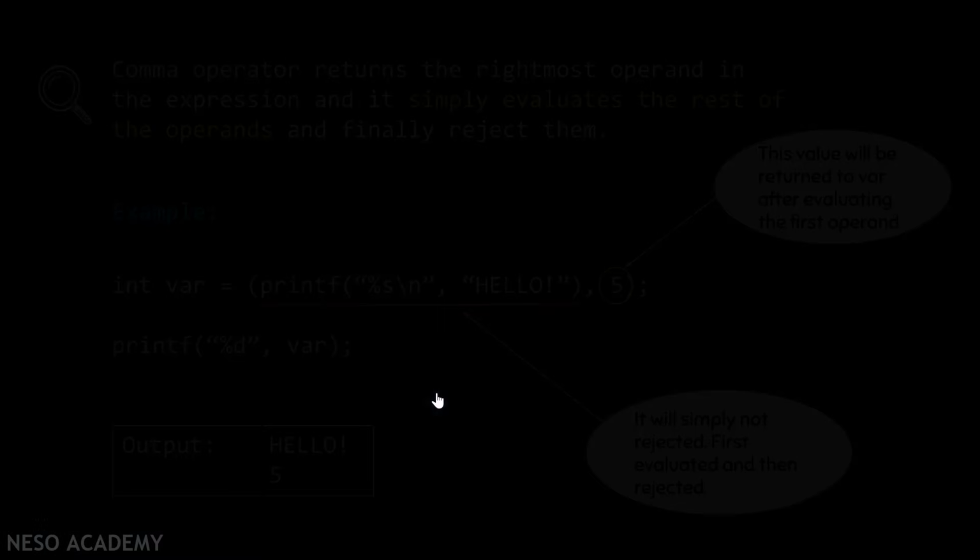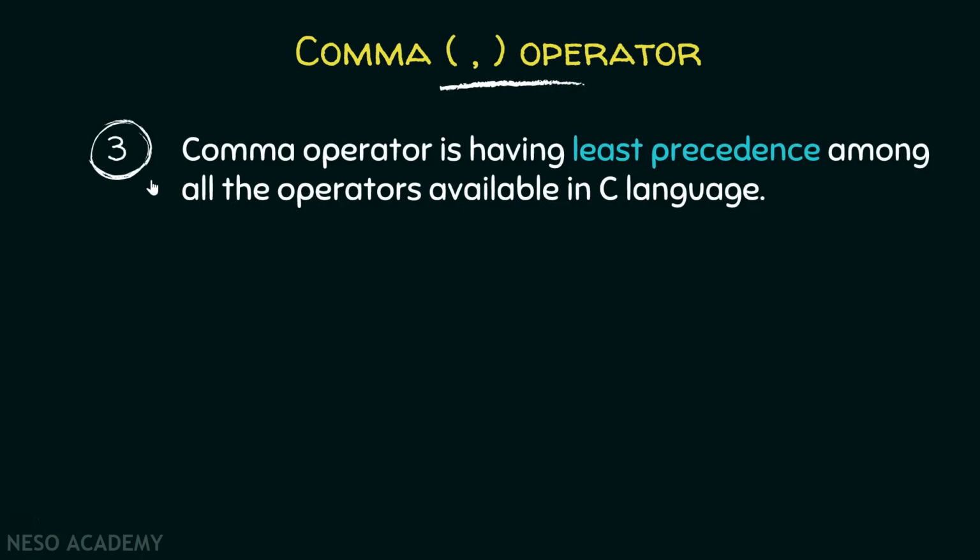Okay? Now let's consider the third important point related to comma operator. Comma operator is having least precedence among all the operators available in C language. This is very important point. It is having the least possible precedence among all the operators that are available in C language.